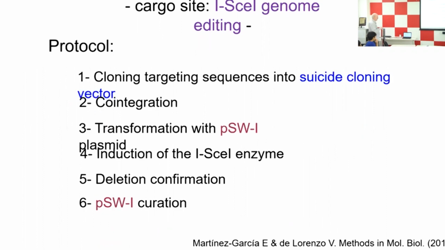So, well, this may look like a complicated procedure, and to some extent it is. You're required to handle some microbiological techniques, and the protocol involves the cloning of the sequences in the suicide cloning vector. That takes some time. Co-integration is very simple, transformation is very simple, induction of the SC1 enzyme is very simple, deletion confirmation is very simple, and then curation sometimes takes time.